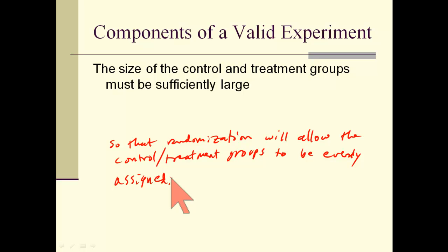That can happen with small numbers. But if you have 1,000 people, there's virtually 0 chance that all of the treatment group will be women and all of the control group will be men. Sufficiently large groups ensures that randomization actually works and splits the control and treatment groups apart in ways that are alike.